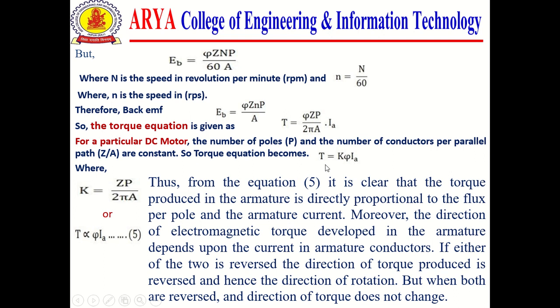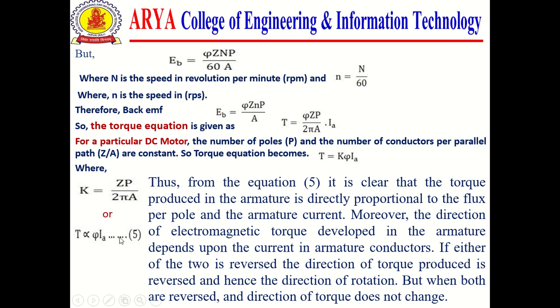So the torque equation becomes T equals K phi Ia, where K is the constant with the value Z P upon 2 pi A. You can see from this relation that the torque developed by the DC motor is directly proportional to the product of flux and armature current.